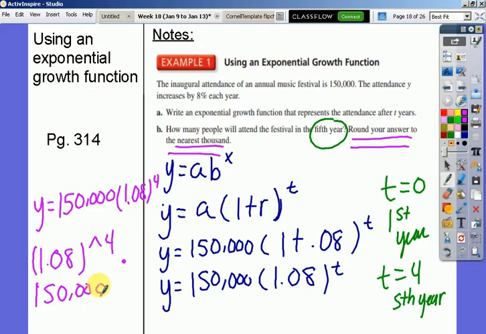And your final amount after the 5th year, rounded to the nearest thousand, is 204,000 people. Include your units. Do you have any questions about that?